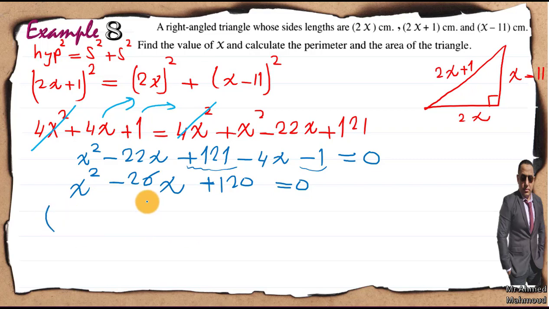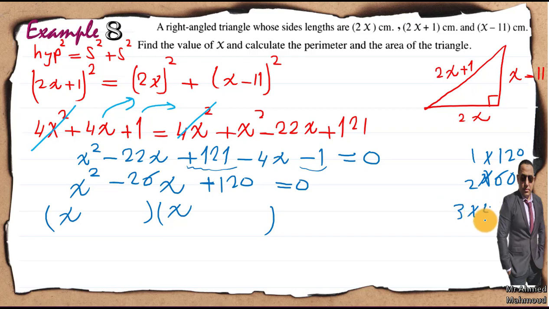Factorize with 2 brackets, x and x. 120 is 1 times 120, 2 times 60, 3 times 40, 4 times 30, 5 times 24, 6 times 20, and I'm going to stop here because I need two numbers whose sum is 26.